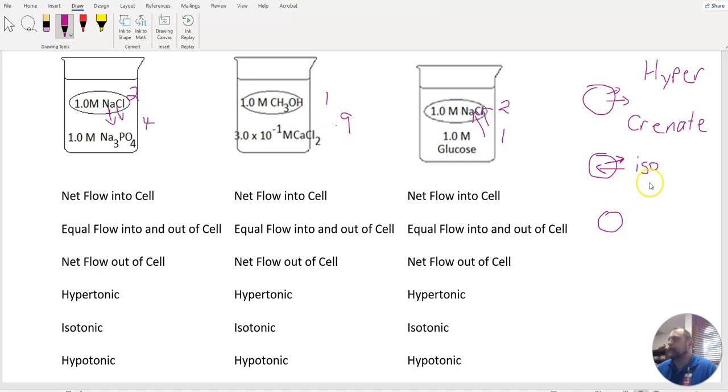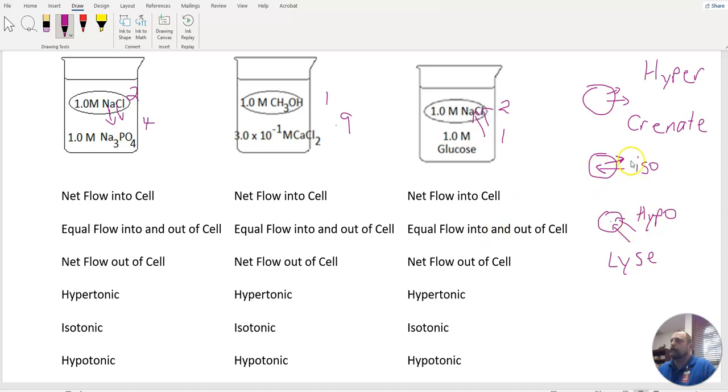And then if the outside solution is hypotonic, then the water will go in because it's more concentrated on the inside. Right? And so if the water all goes in at once, it might burst, and we call that lysis. So it dies off.